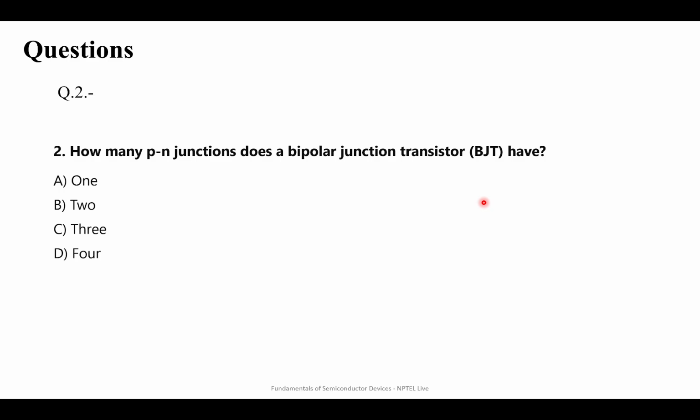Next question. How many PN junctions does a bipolar junction transistor BJT have? 1, 2, 3, 4. So you know how many are there?